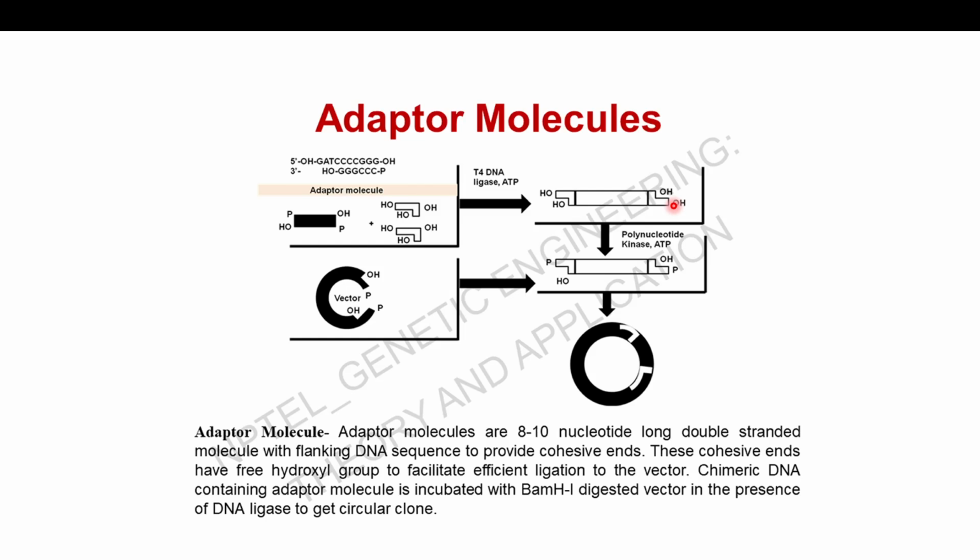Now kinase is what we looked at in the glycolytic cycle also. Kinases are enzymes which are responsible for adding phosphate groups, right? Now polynucleotide kinase, in the presence of ATP, is used to add phosphate groups at the end, and thereby it is creating this kind of sticky end, and the vector has already been digested.